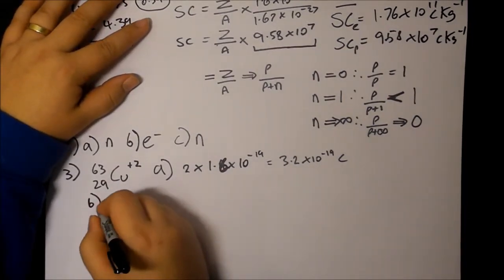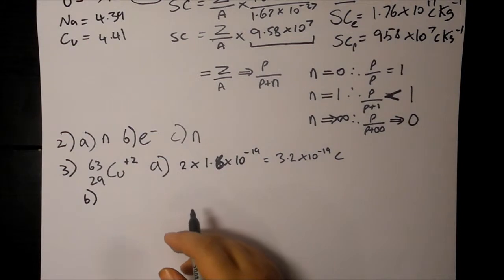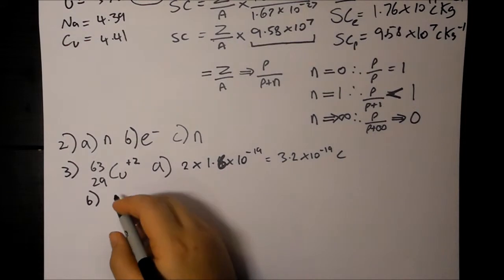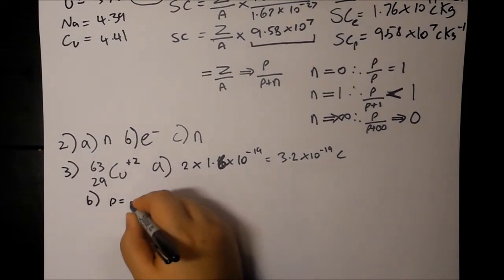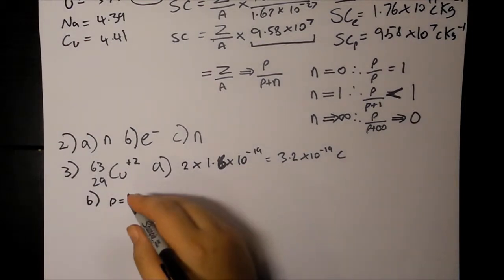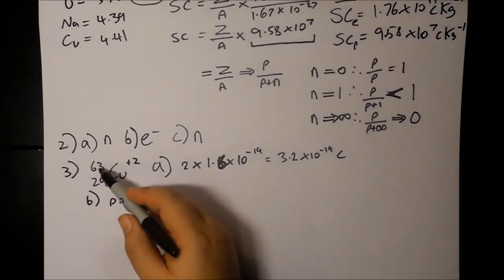Part B. It asks us to state the number of nucleons it contains. Again, easy question. We know that the number of protons is 29, so the number of nucleons is protons and neutrons added together.